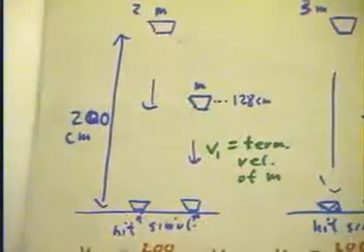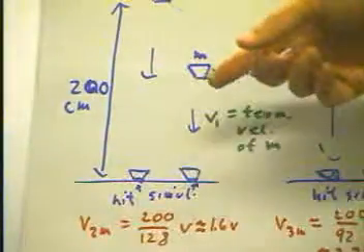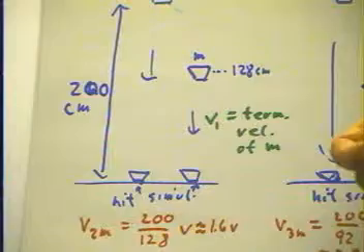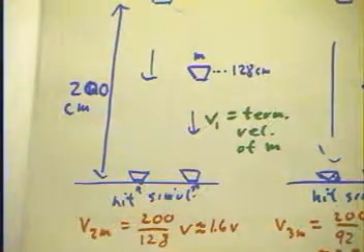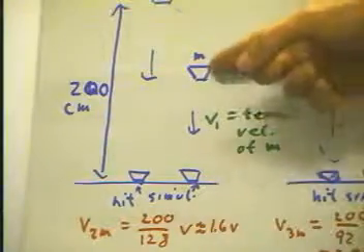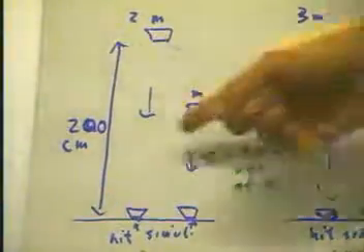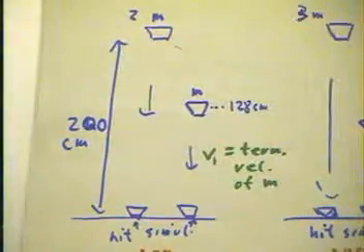Now, to get the terminal velocity of each weight, we're going to use V2m for the velocity when we had twice the mass. So V2m is going to be in proportion to the terminal velocity of the single mass. It's going to be in the same proportion as these heights, but actually it's going to be an inverse proportion to these heights.